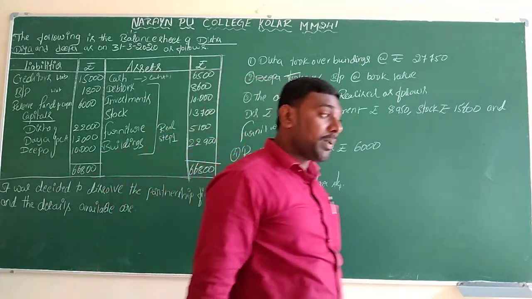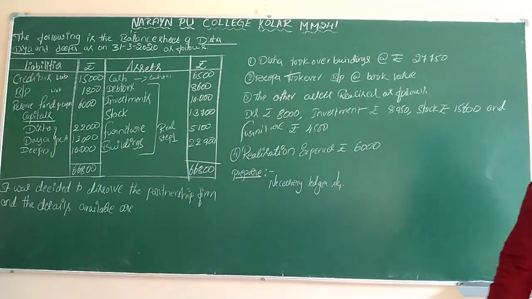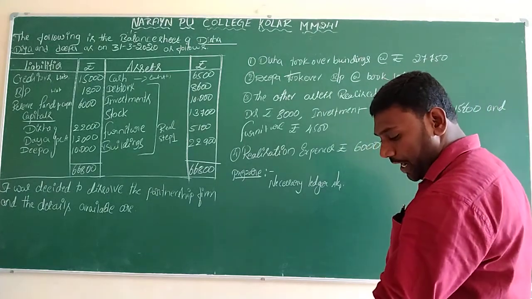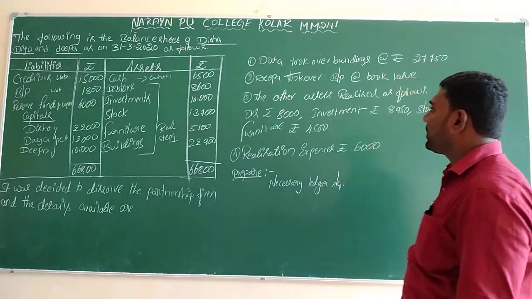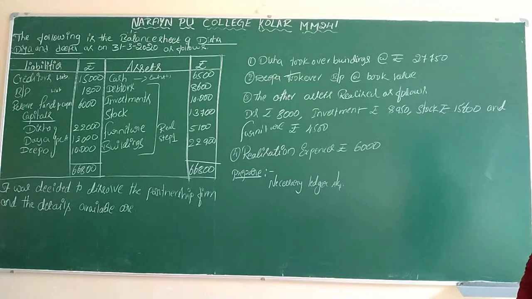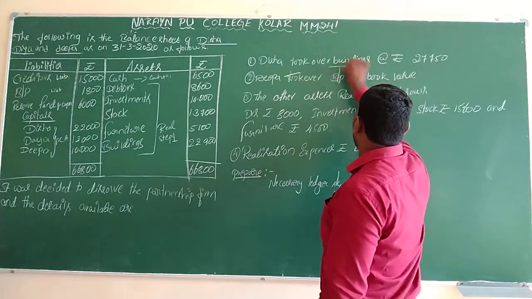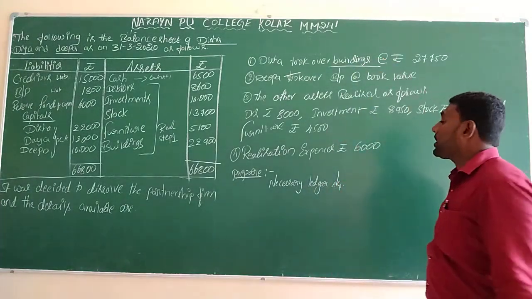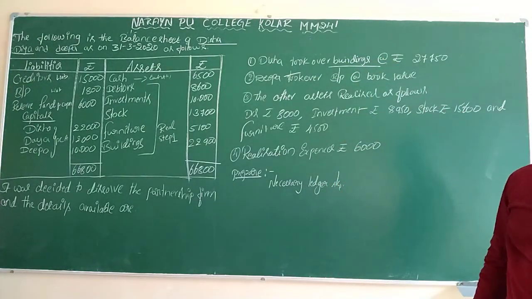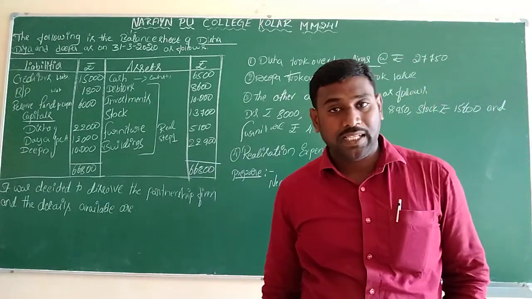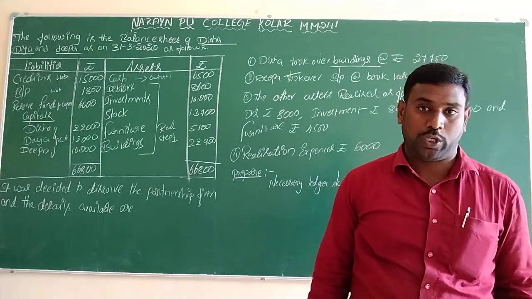So these details they have given. Here, first point, Disha took over buildings at rupees 27,750. Directly the value is given. They have not given any percentages as in the previous question.